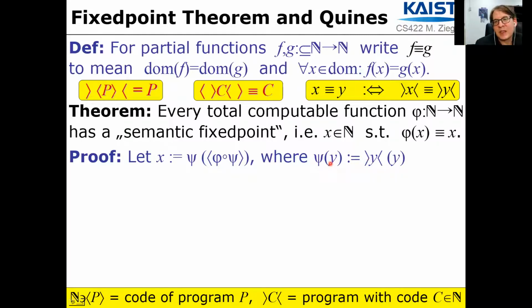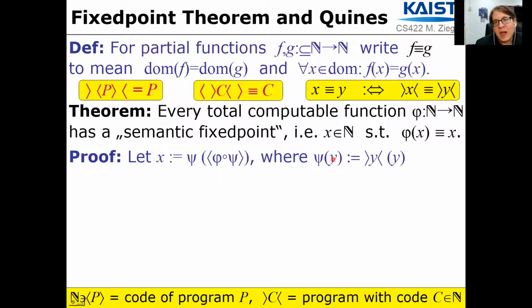So to summarize, this is a program that receives as argument a natural number y, interprets y as a code of a program, reverse square angle brackets, and then runs this program on the same argument y again. Okay, and now one important point here is to notice that this may be a partial function, right?